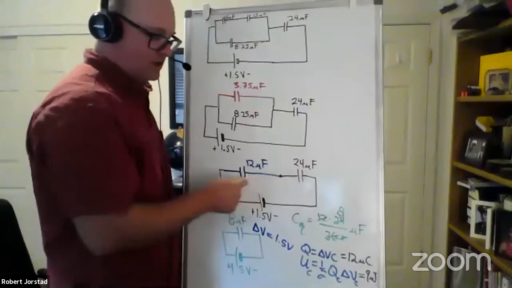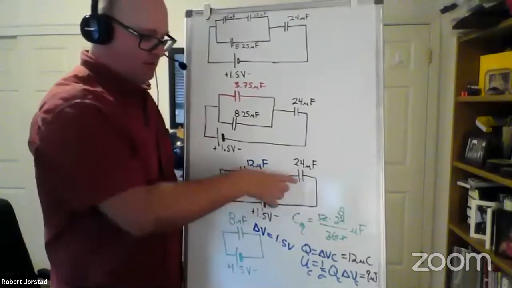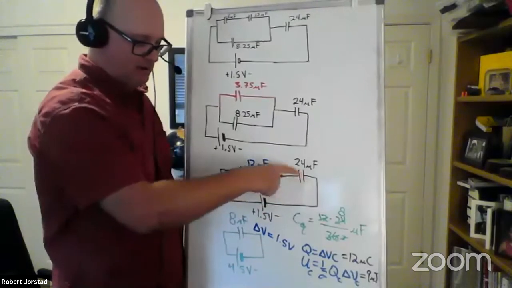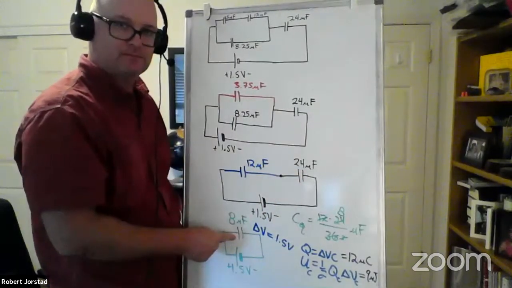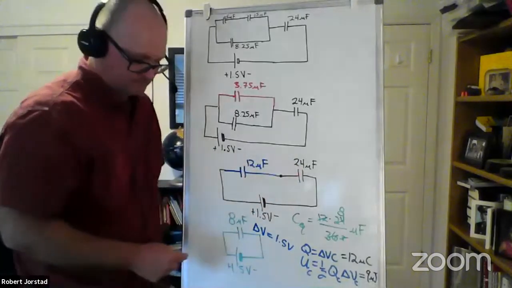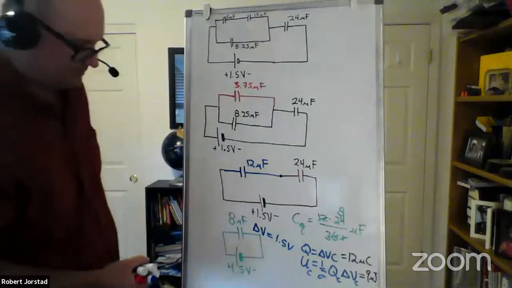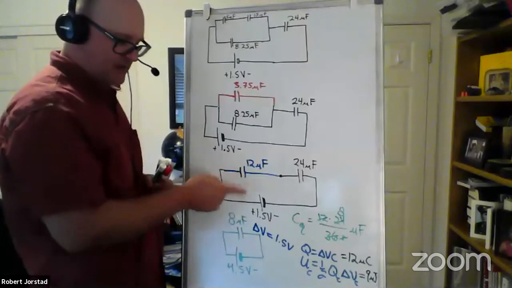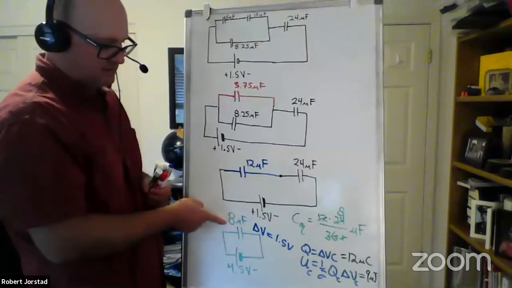These were using what? A series? When I combined them, was I using the series rules to get that 8, or was I using the parallel rules to get this number 8? Series. So then these should have the same what? Do they have the same voltage as this, or do they have the same charge as this?